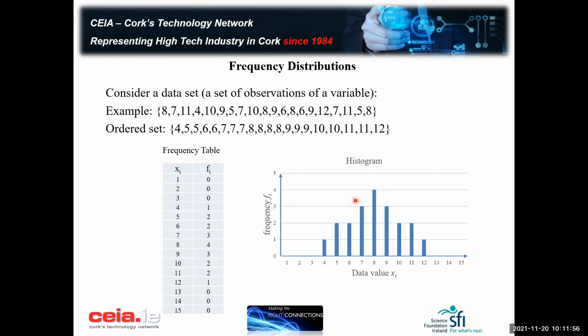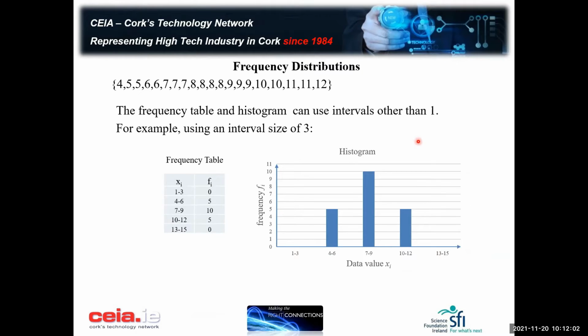And you'll see some kind of a pattern for the distribution. Now, there are various ways of doing it. You don't necessarily need to have intervals of 1. So you could group, say, intervals of 3 together. You get different frequencies then for the groupings and a coarser granularity on the scale, but it's the same general idea.